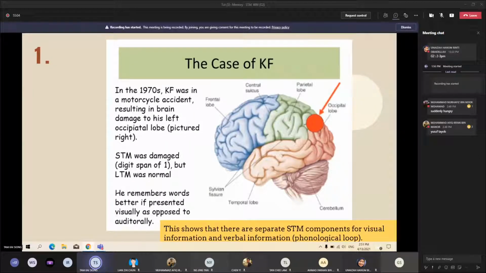The damage was to the STM, short-term memory part. The result is that he can remember words better if presented visually as opposed to auditorily. So this shows that there are separate short-term memory components for visual information and verbal information.